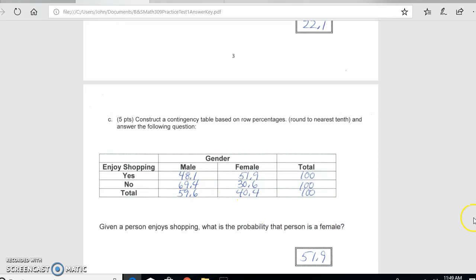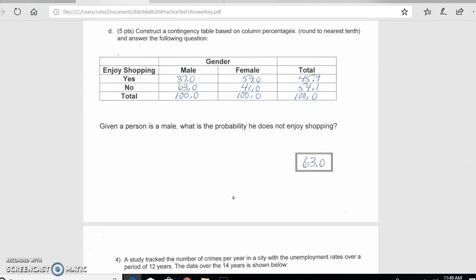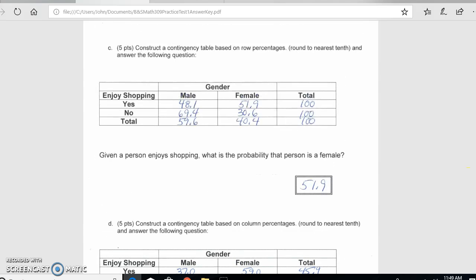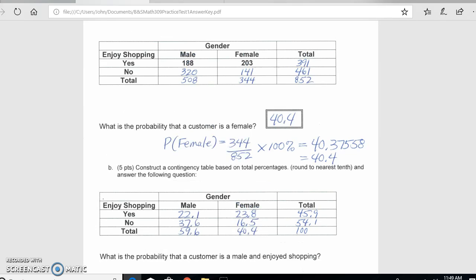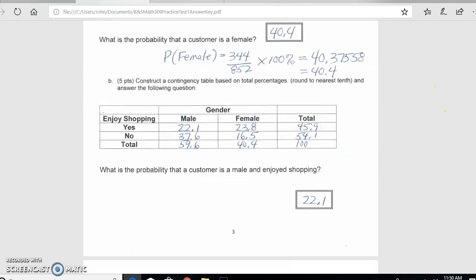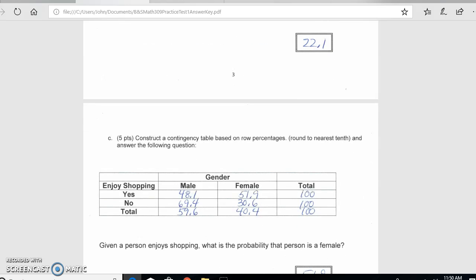And I would do the same for the totals. Back here at the original table, I would take 508, divide it by 852, and that would give me 59.6% in this data point right here.